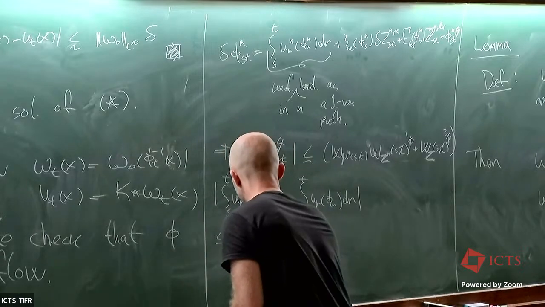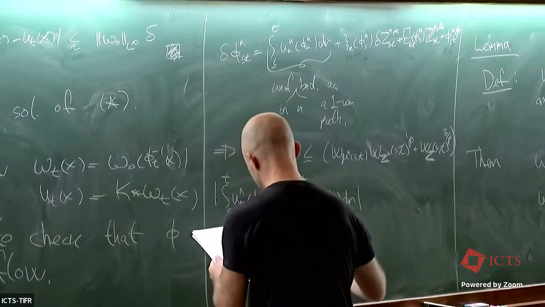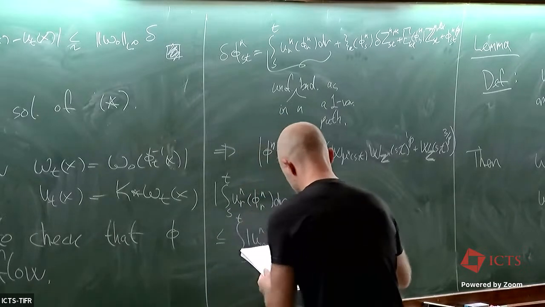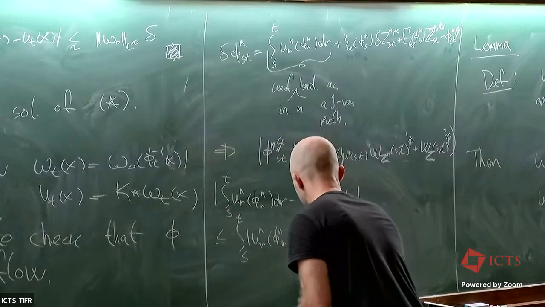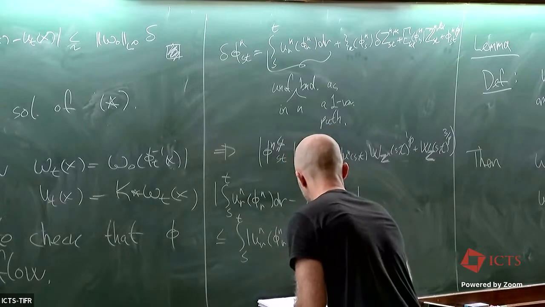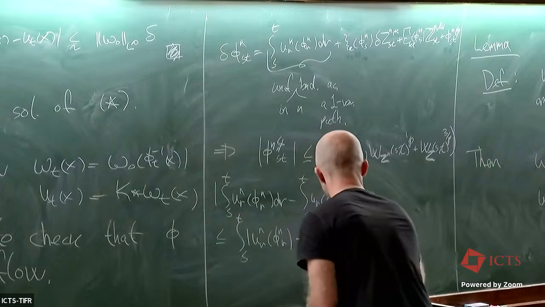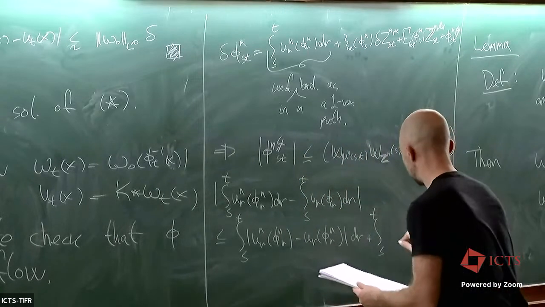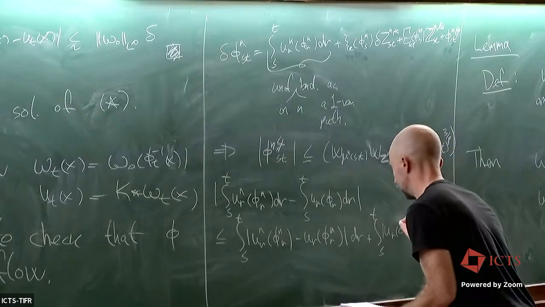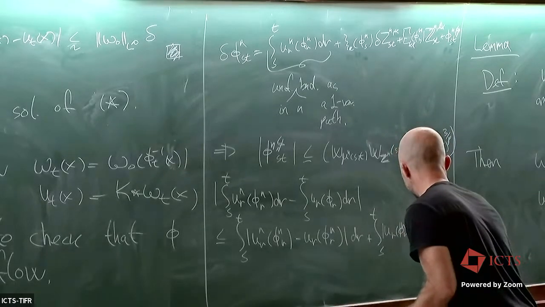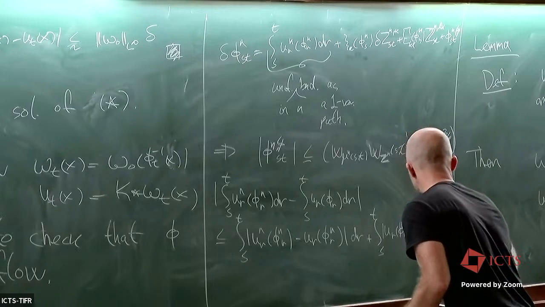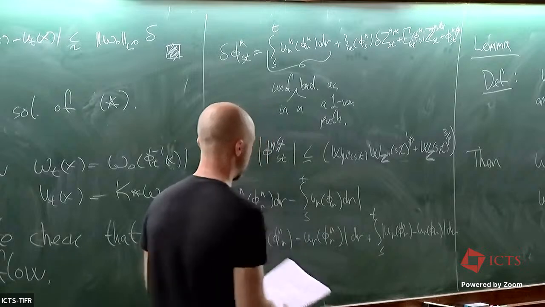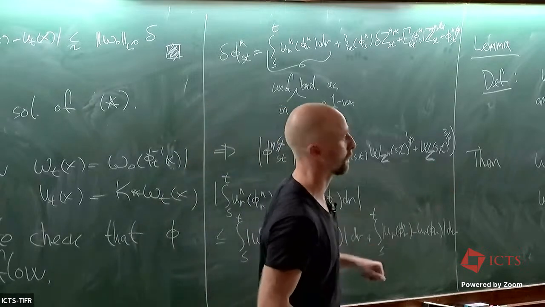Say we can bound this by absolute value of un at phi n minus ur at phi n, and then plus ur of phi n r minus ur of phi r dr. Right, and this one is fine. We just saw that this one converges in L infinity.